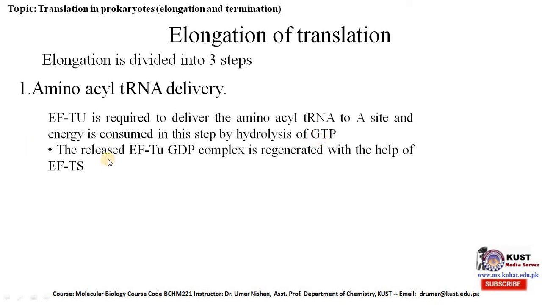The released elongation factor Tu GDP complex, because once the GTP is hydrolyzed it is converted to GDP, guanosine triphosphate to guanosine diphosphate, is regenerated with the help of elongation factor Ts.